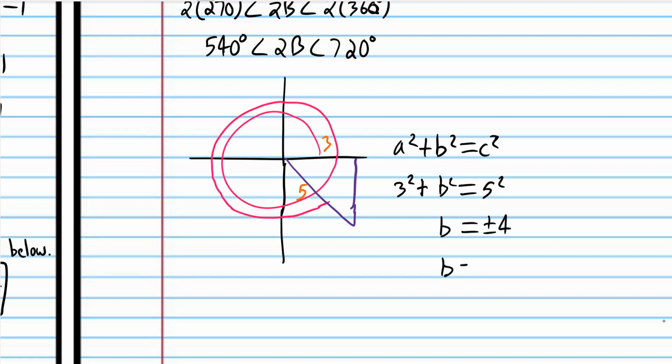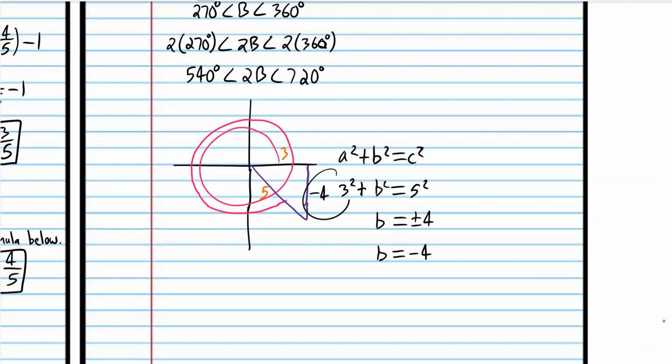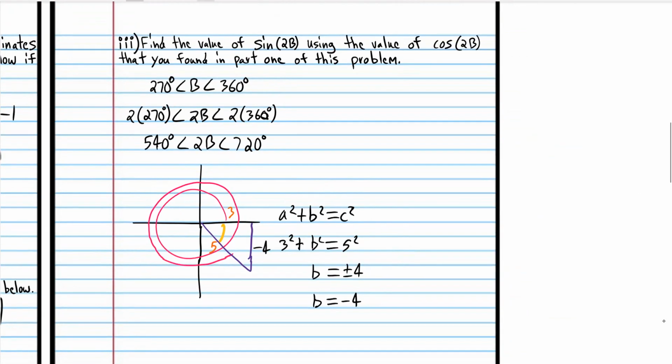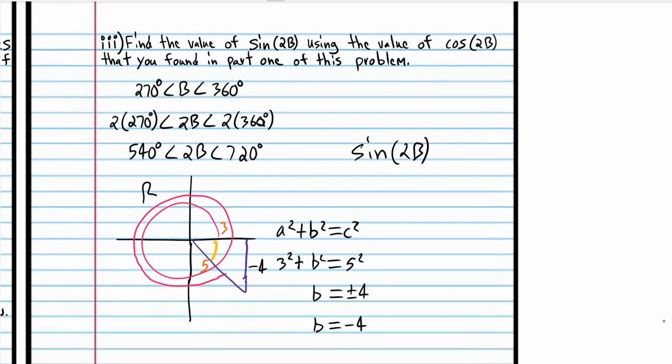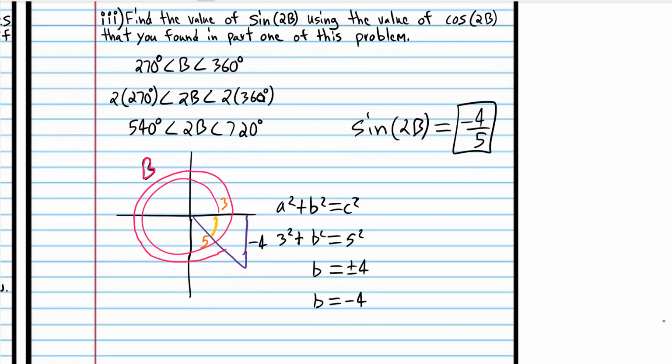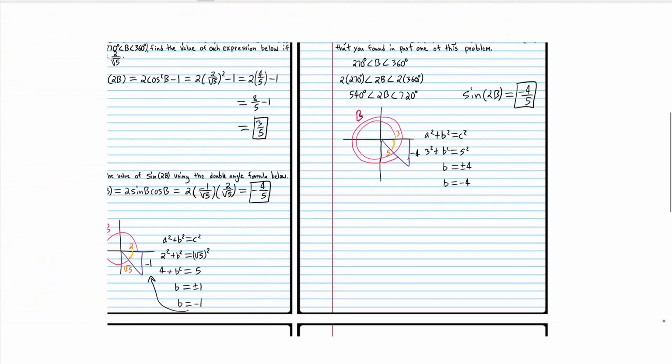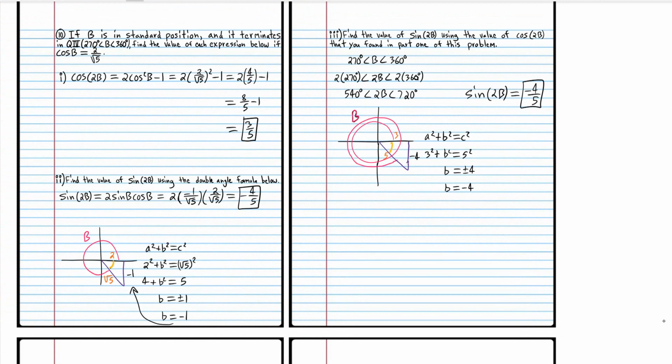And you know that 4 has to be negative because we can see just by looking at the triangle, this value has to be negative. So now, sine 2b is going to be the side opposite the yellow reference angle divided by the hypotenuse. And there you go. That's the same value that we got for the previous part. So if you got that right, excellent.